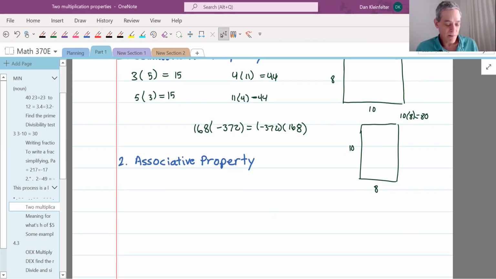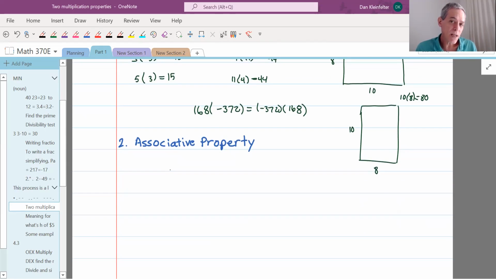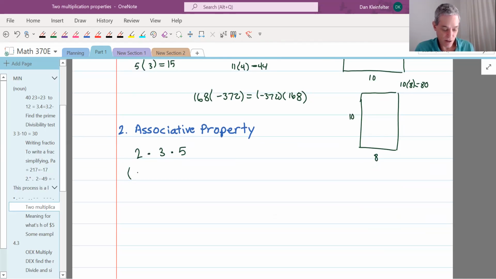Another property that we'll need is the associative property for multiplication, and that one goes like this. If you want to calculate 2 times 3 times 5, there are 2 operations to do. You can calculate this as 2 times 3 first, and then multiply that by 5. 2 times 3 is 6, times 5 is 30.